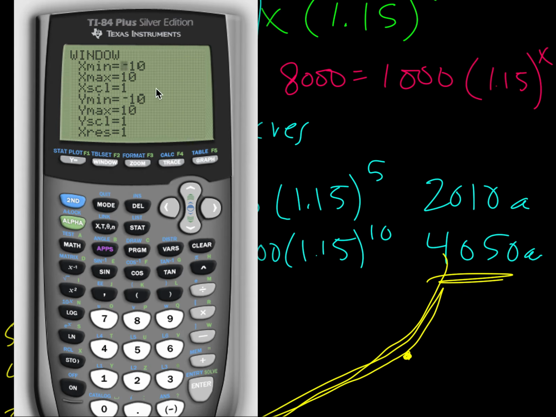So for my Y, I'm going to go from 0 to 10,000. And the weeks, I'm going to go 0 to 20. Now this may not be a good window, but let's just see what happens.